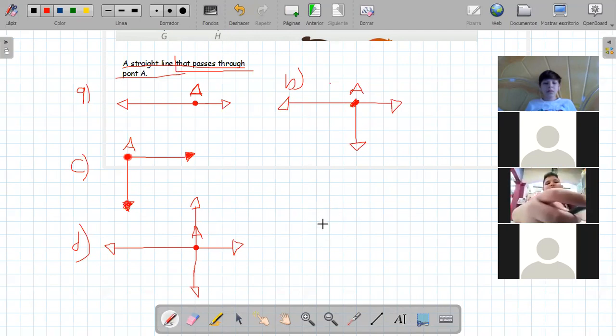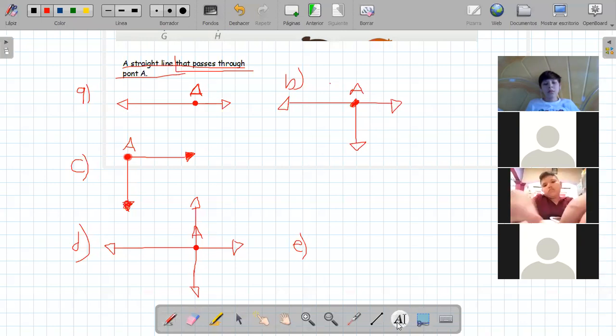Okay, letter E. Letter E has a very long instruction. It says a segment from point A to B. What are we going to do there?